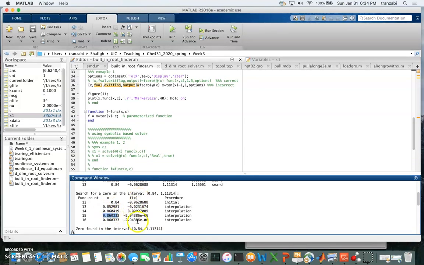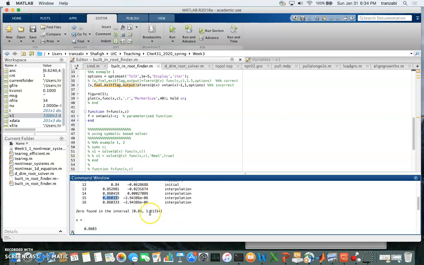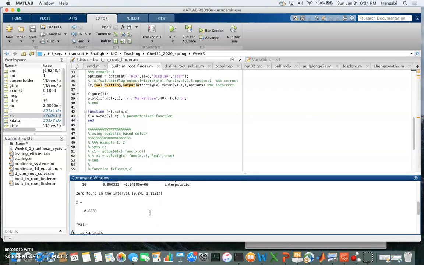Okay, and we also get f of x, which is going to 0. That's supposed to be the root. And procedure says something about what method within bisection has been used to get this root. And zero found in the interval, so that you know the root is between these.